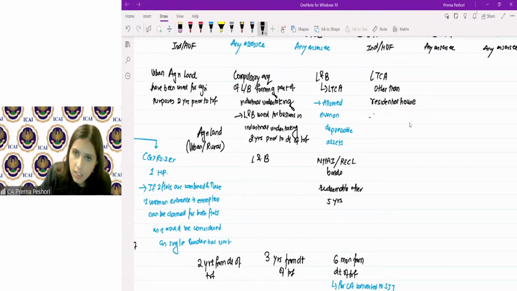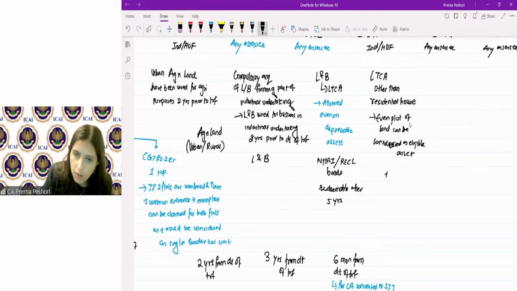So just write it over here. First write here, even plot of land is covered. Or you can say even plot of land can be considered as eligible asset.